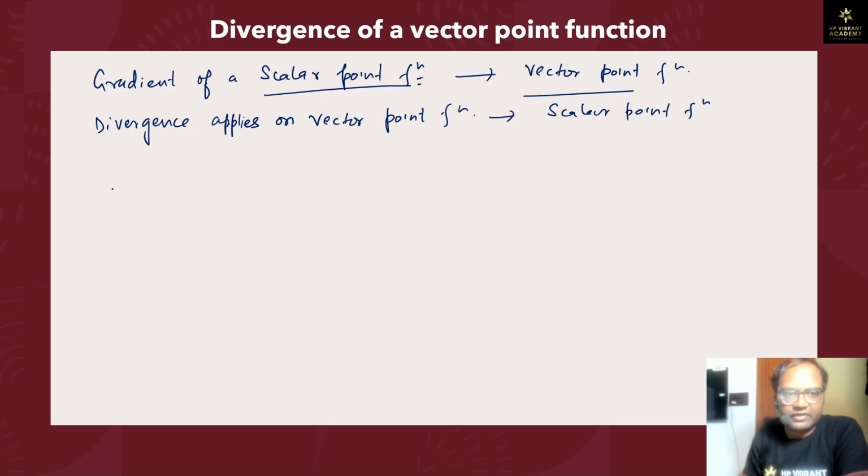Let us consider f as a scalar point function. The gradient of f gives a vector point function.